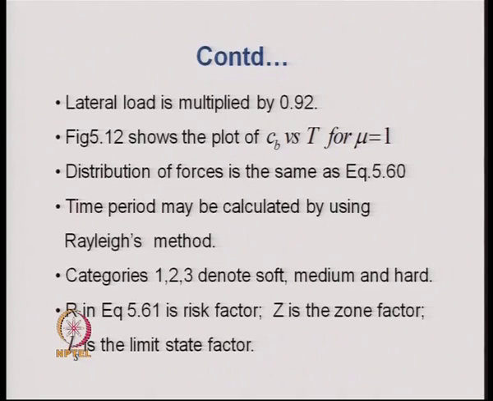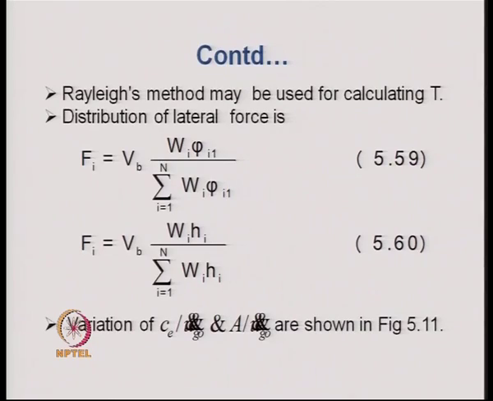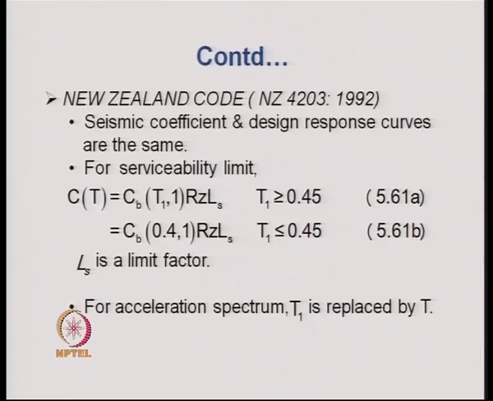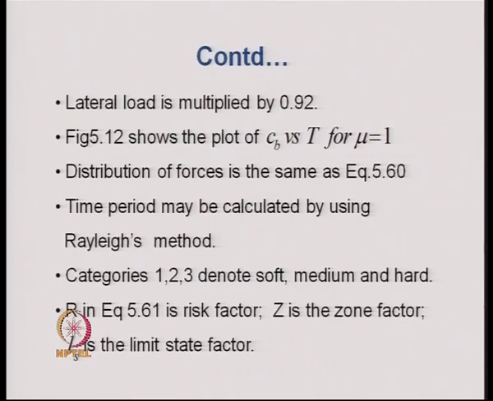Distribution of forces is the same as equation 5.60, that is the same distribution WiHi divided by the summation of WiHi over all the stories. Then the time period may be calculated again using the Rayleigh's approximate method.